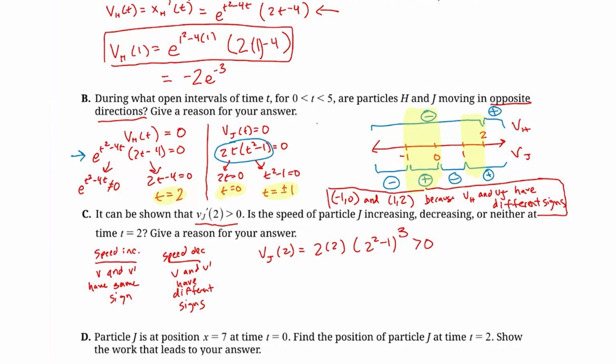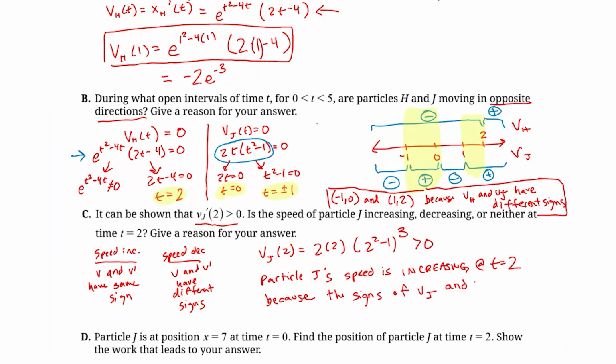Okay, so we're basically done here. Particle J's speed is increasing at time equals 2, and we need a reason here because the signs of v and v prime, which is the acceleration, are the same.